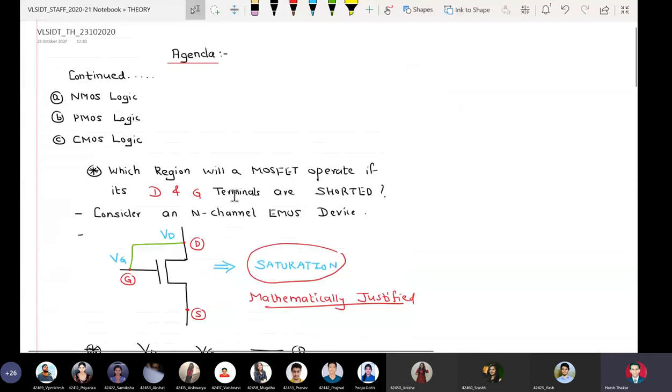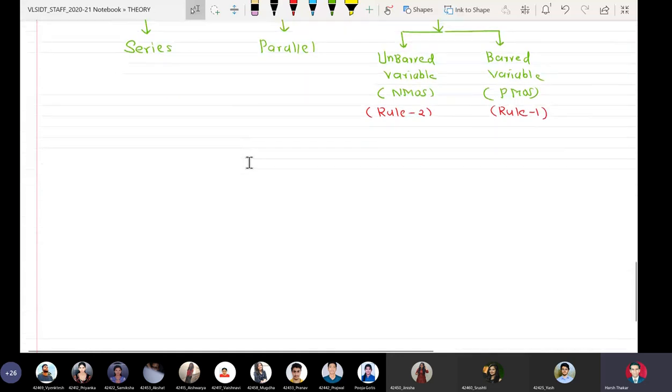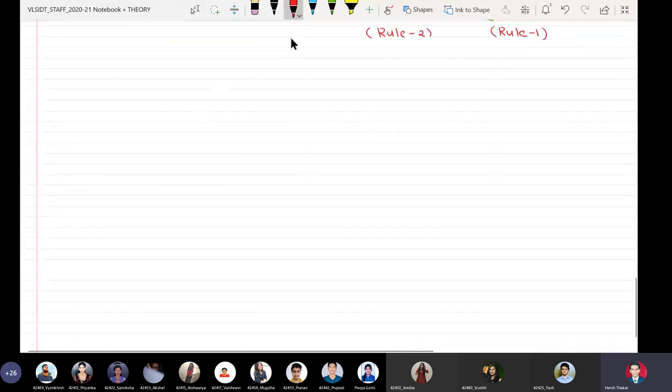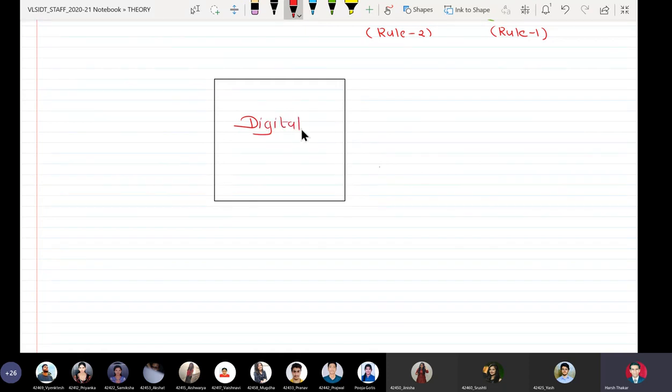So now NMOS logic. One more thing we have to understand here. Take for example, this is a digital system with some functionality.